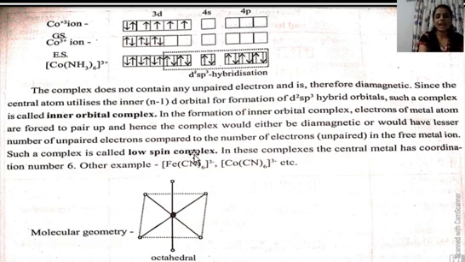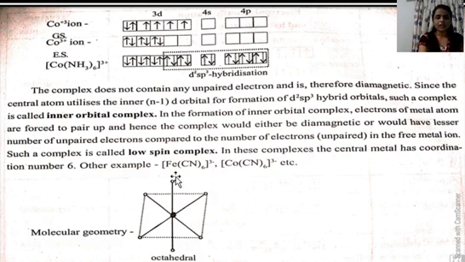The complex having a lesser number of unpaired electrons or all the electrons paired, such complexes are called low spin complexes. Okay, since the spin is cancelled by the other electron, like this plus 1 half is cancelled by this minus 1 half, these are called low spin complexes. In these complexes, the central metal has coordination number 6.